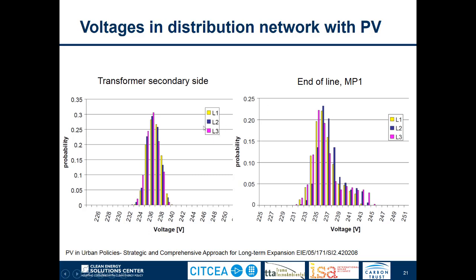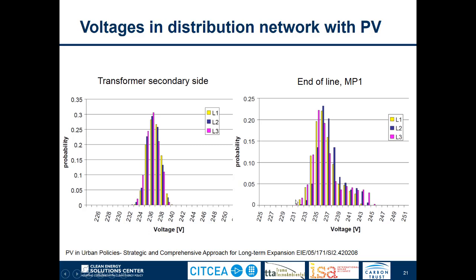If we look at the end of the line, at measurement point 1, we see that the variation of voltages is much higher, and we can have lower voltages, perhaps arriving at 231, and then also increasing up to 245. The behavior is slightly different for different phases. The higher voltages are happening for line 3 especially, and also a bit for line 2, whereas line 1 is a bit more stable and tends to have lower voltages.